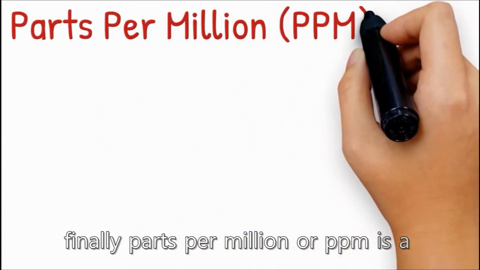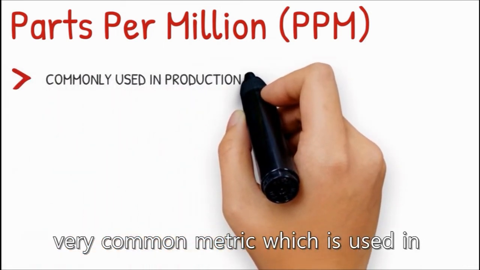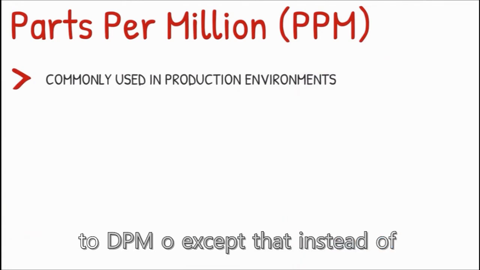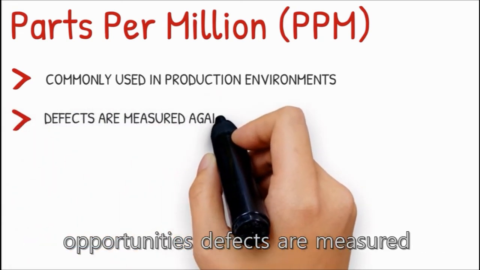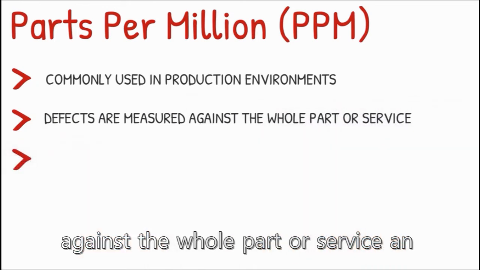And finally, parts per million, or ppm, is a very common metric which is used in production environments. ppm is similar to DPMO, except that instead of measuring defects based on the amount of opportunities, defects are measured against the whole part or service.